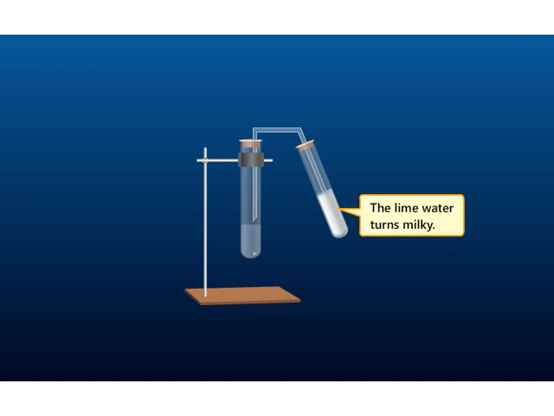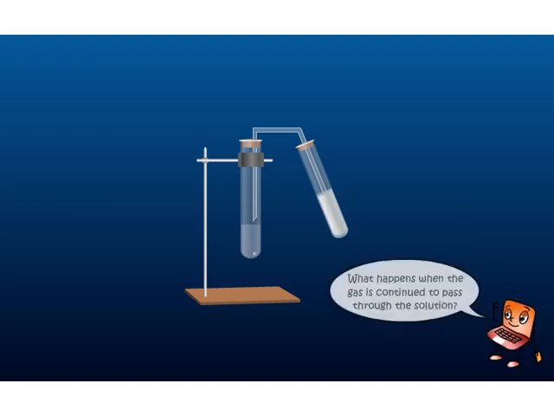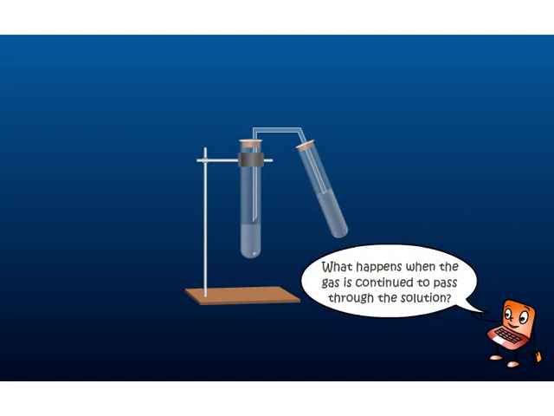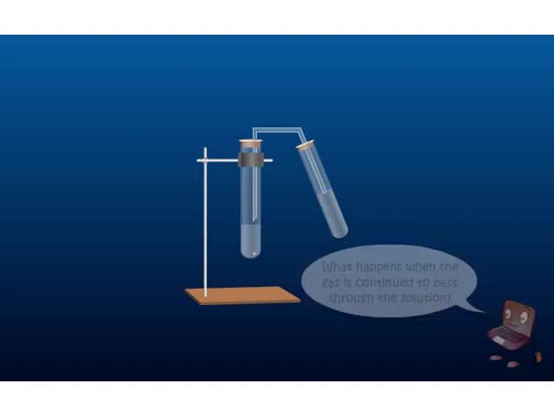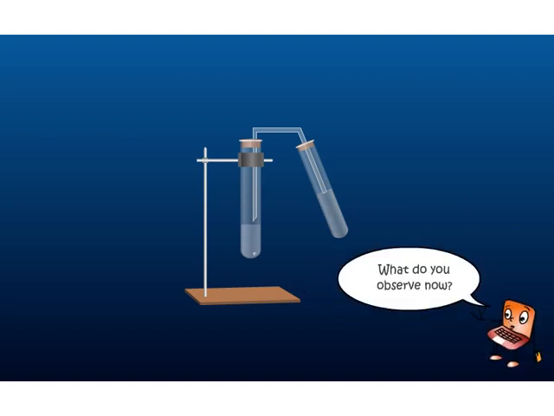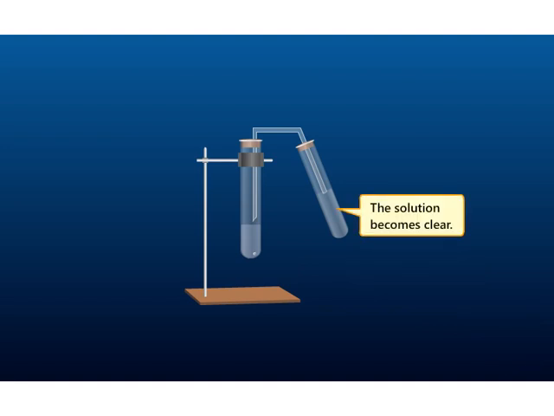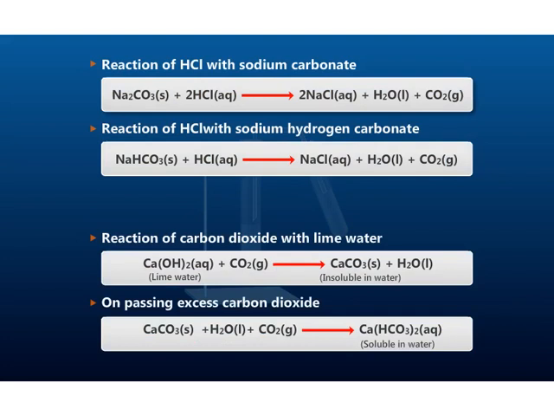The lime water turns milky. What happens when the gas is continued to pass through the solution? What do you observe now? The solution becomes clear. Let us look at the equations representing the chemical reactions to find out how this happens.